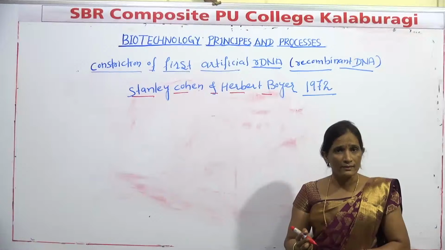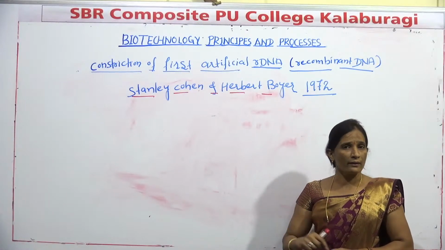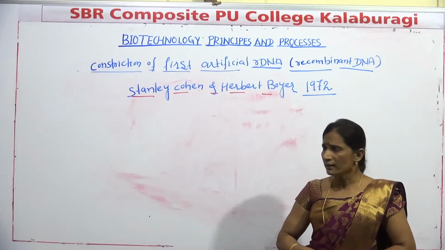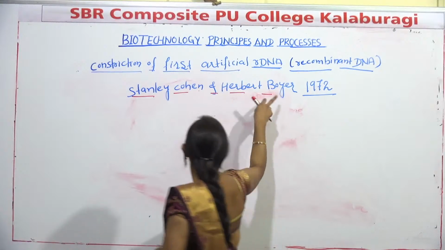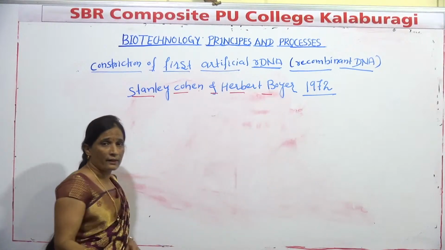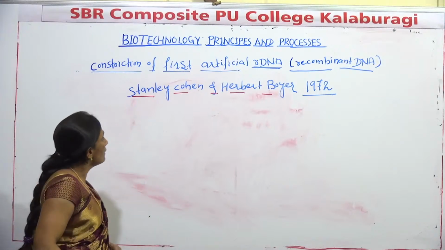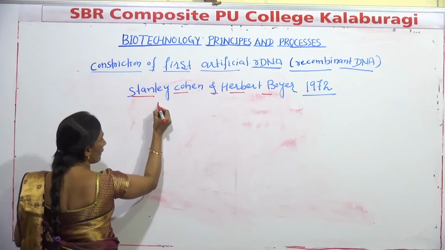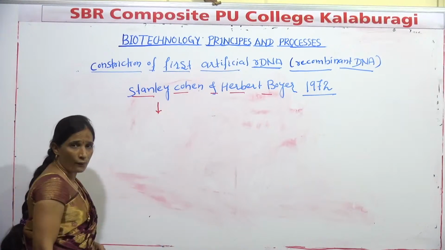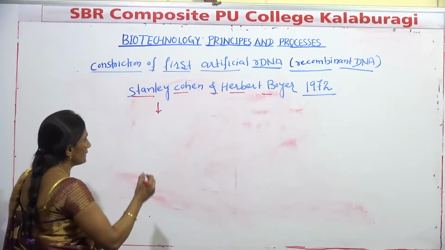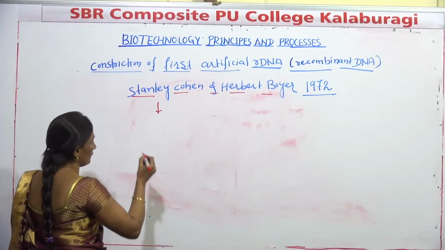These two scientists belong to the United Kingdom. Is it clear? So Stanley Cohen and Herbert Boyer first constructed the recombinant DNA. This is a very important concept. Just listen here.